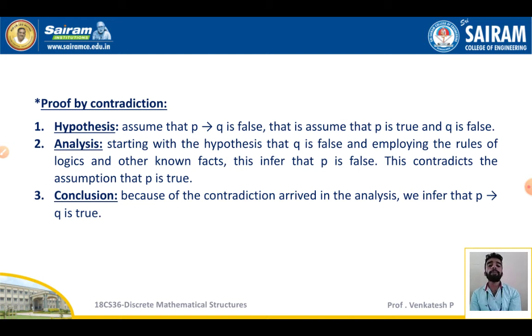Analysis: starting with the hypothesis that Q is false and employing the rules of logic and other known facts, we infer that P is false. This P is false is a contradiction to the assumption that P is true. So I'm going to conclude that because of the contradiction we got in the analysis, we can infer that if P then Q is a true statement.